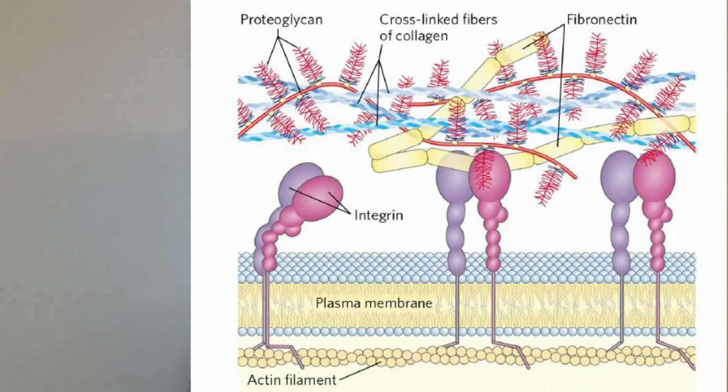Some of these proteins are multiadhesive, a single protein having binding sites for several different matrix molecules. Fibronectin, for example, has separate domains that bind fibrin, heparan sulfate, collagen, and a family of plasma membrane proteins called integrins that mediate signaling between the cell interior and the extracellular matrix. So this is how just one fibronectin can have several different binding sites.